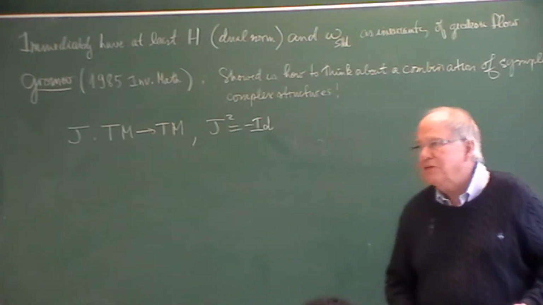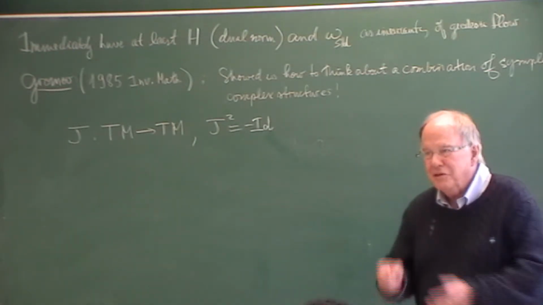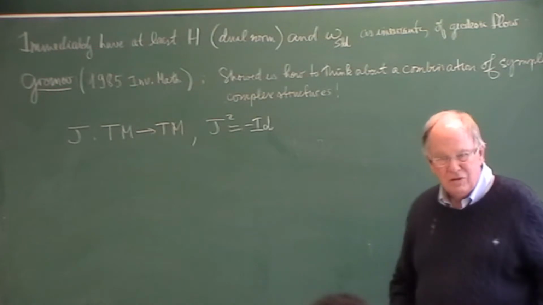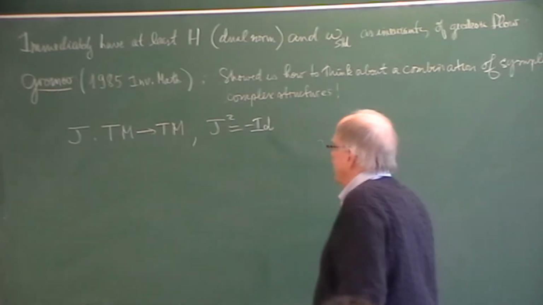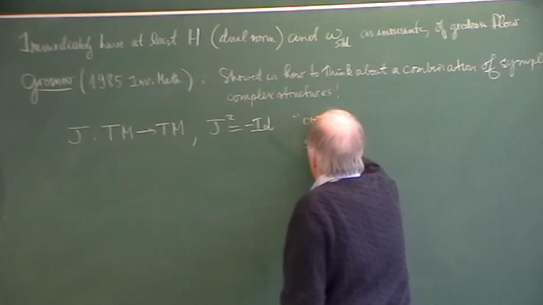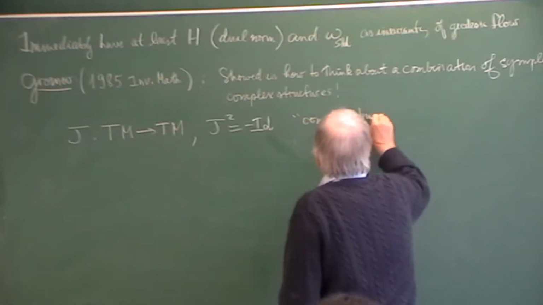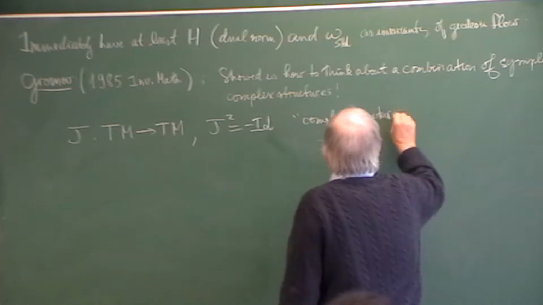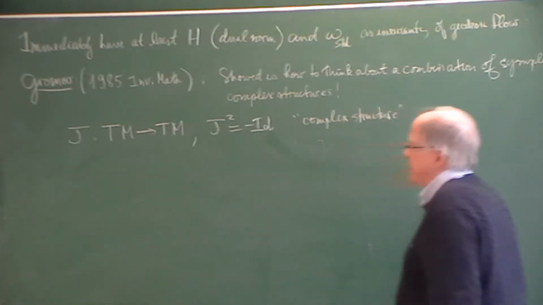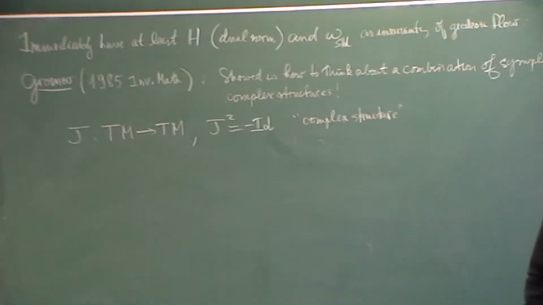It's an infinitesimal complex structure, is what I like to call it, at the infinitesimal level. So let's just call this a complex structure. In the original literature several decades ago, this was called an almost complex structure.